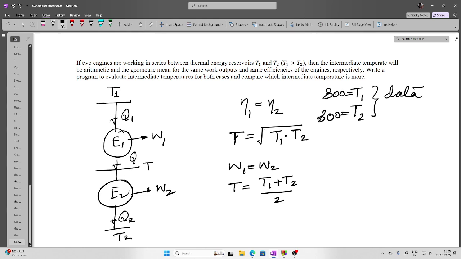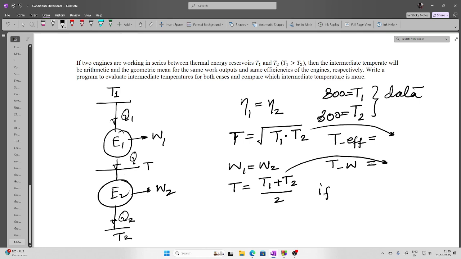Now the user will also give that, write a program to evaluate the intermediate temperature for the case and compare which one is more. Okay, now you will be evaluating that temperature for equal efficiency, so this one will be evaluated, and then the temperature for equal work, so this one will be evaluated.